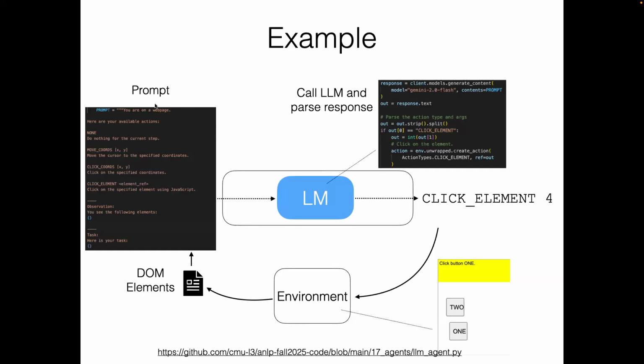Here what we're doing is we're writing a prompt, and the prompt says you're on a web page, here are your available actions, and it's just writing a description of the different actions it can take. Then it says observation, you see the following elements. And so here we're using this textual representation, the JSON representation of the page. And then we're giving it the task. So it turns out you can also get this task description programmatically. And now you can give it to the model.